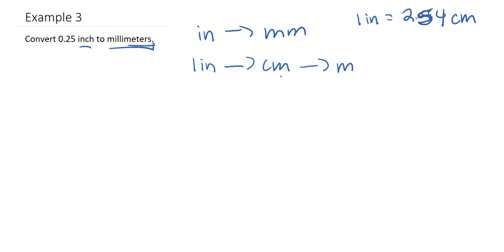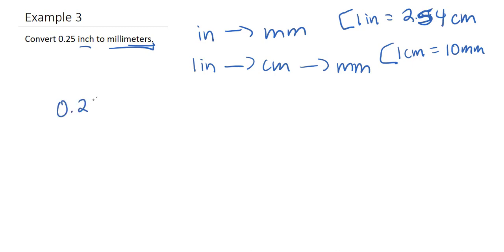And what's the conversion between centimeters and millimeters? Well, we know 1 centimeter is equal to 10 millimeters. So now we've done all our conversions. We're only going to use these two to go in order from inches to millimeters.